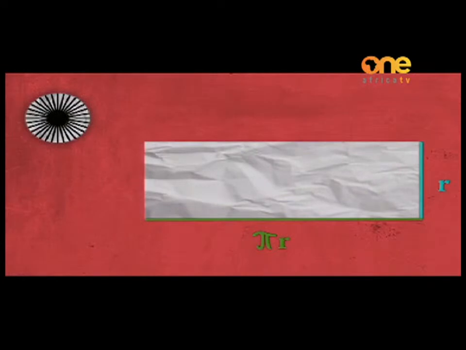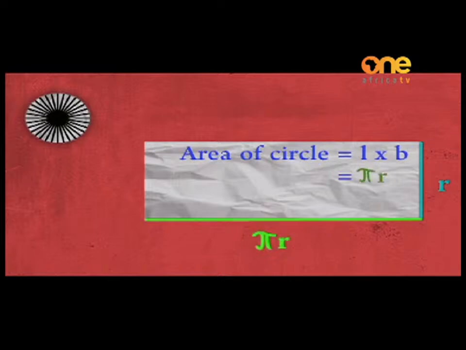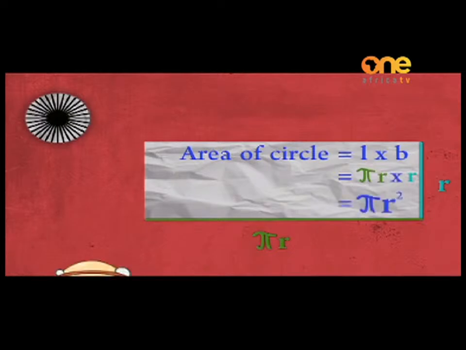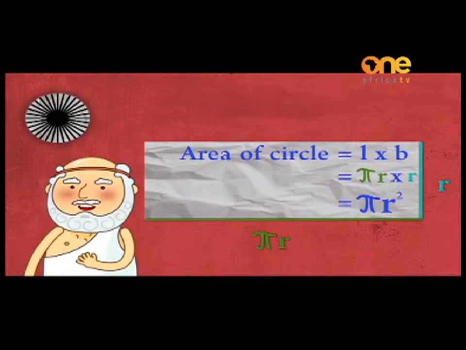Therefore, using the formula for the area of a rectangle, which is length times breadth, we can determine the area of a circle. The length will equal pi r, and the breadth will equal r. Therefore, the area of a circle is pi r times r, which equals pi r squared. Thank you, Archimedes.